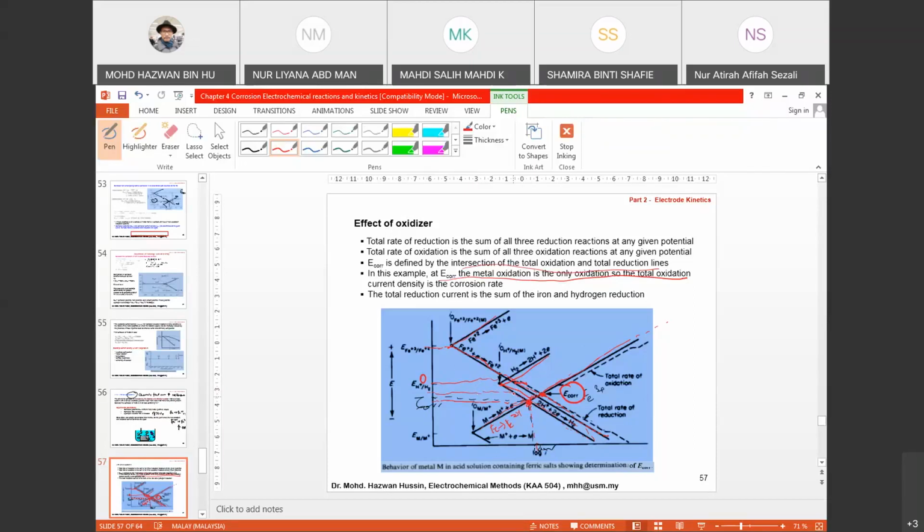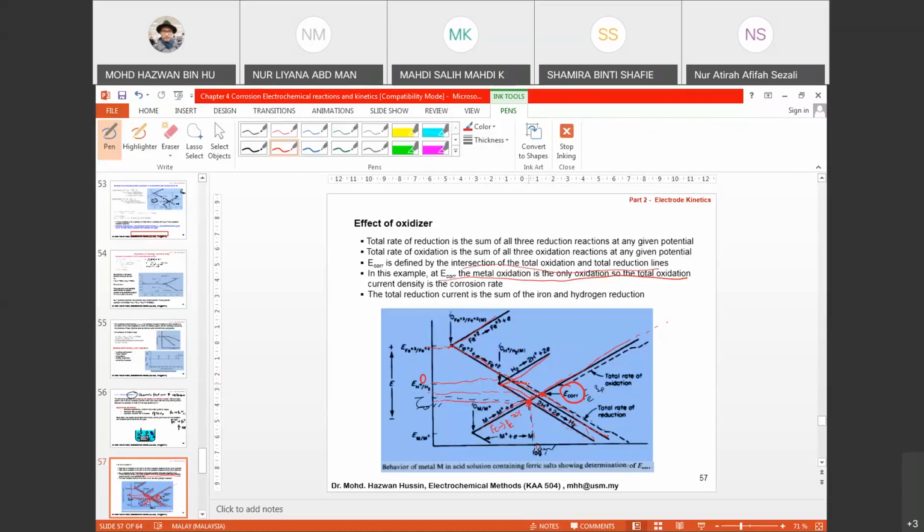So this is your Fe3+ reduction line, and this is where you have the intersection with the hydrogen. So this is where the shifting occurs.